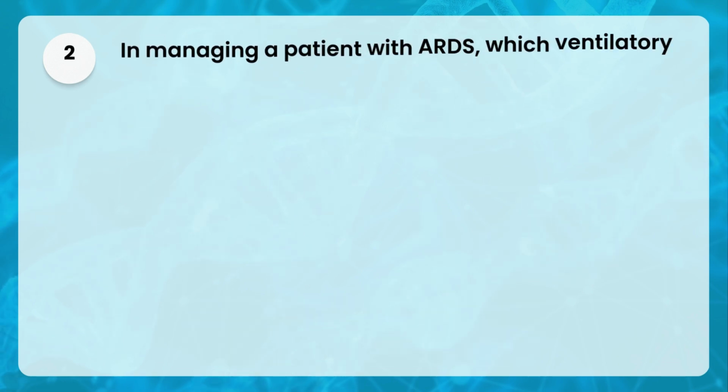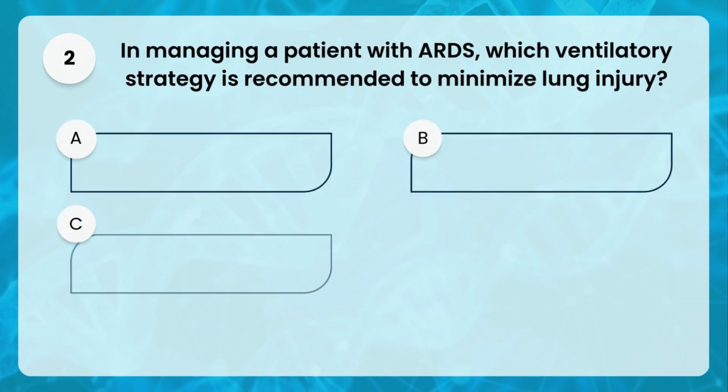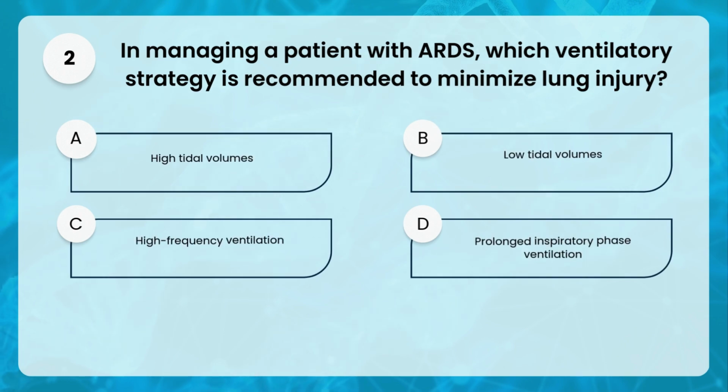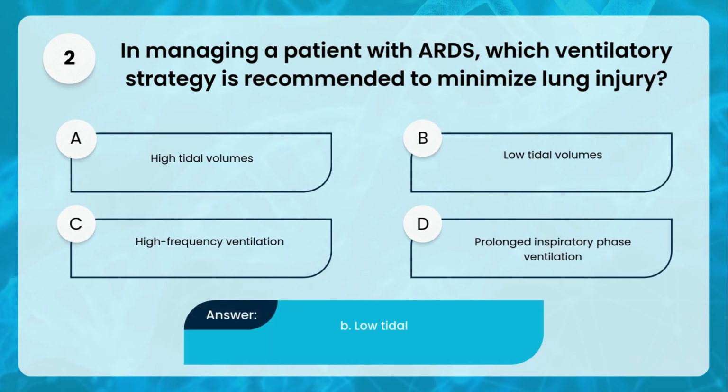Number 2. In managing a patient with ARDS, which ventilatory strategy is recommended to minimize lung injury? A. High tidal volumes. B. Low tidal volumes. C. High-frequency ventilation. Or D. Prolonged inspiratory phase ventilation. The answer is B. Low tidal volumes. 3.